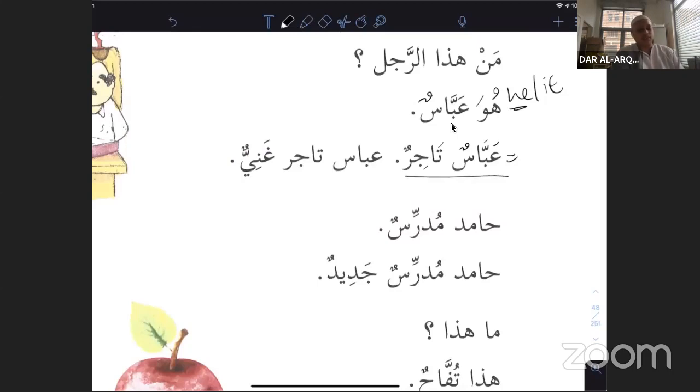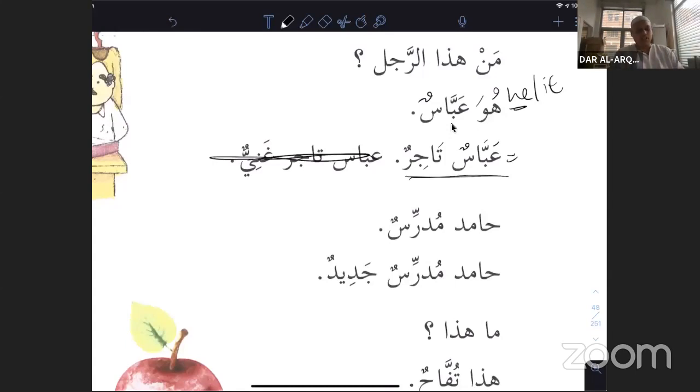What does this mean? Given what we've learned today, what do you guys think this sentence means? Not the second part, just the first part. Correct. It means Abbas is a merchant.